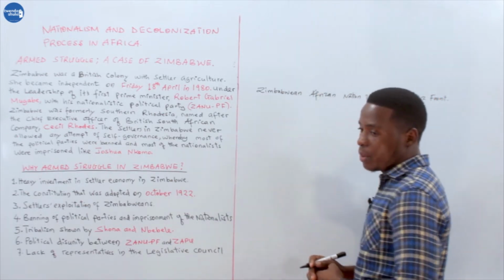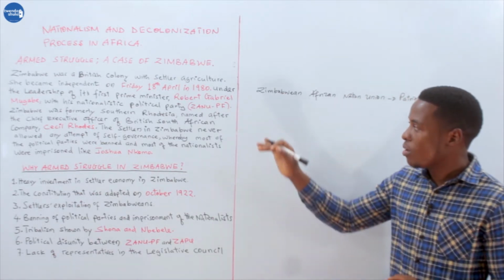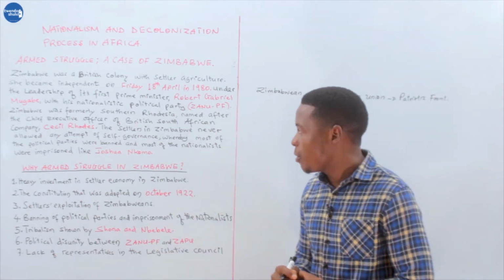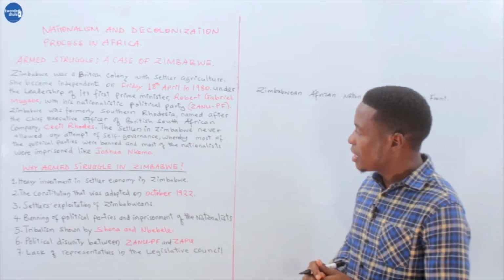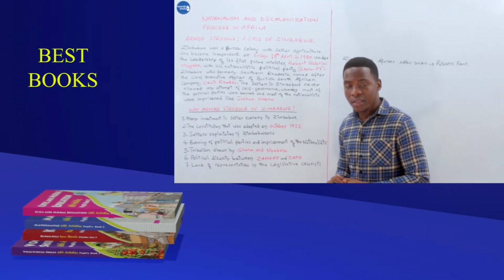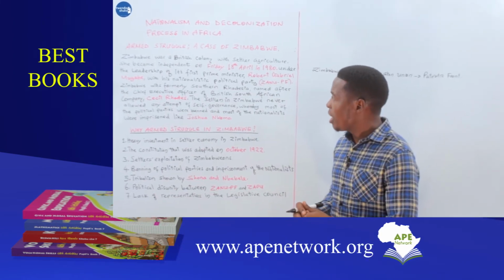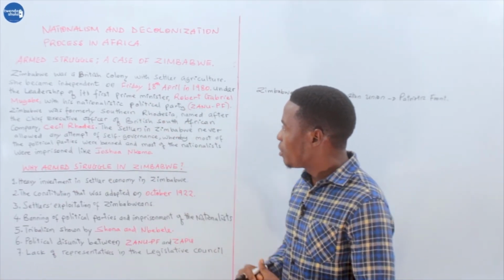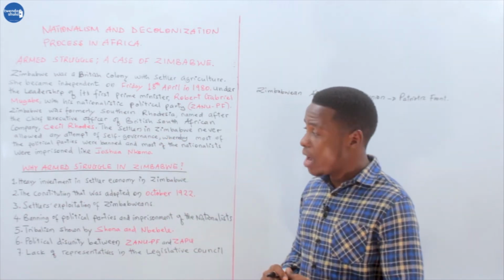This was the political party organized by Joshua Nkomo and Robert Mugabe to struggle for the independence of Zimbabwe. So Robert Gabriel Mugabe, the first Prime Minister of Zimbabwe, with his political party ZANU-PF, succeeded in smashing the colonial government on Friday, 18th April 1980.